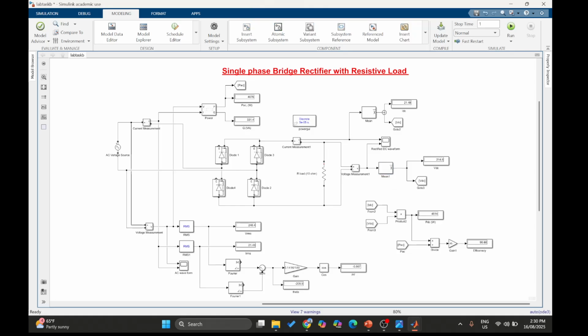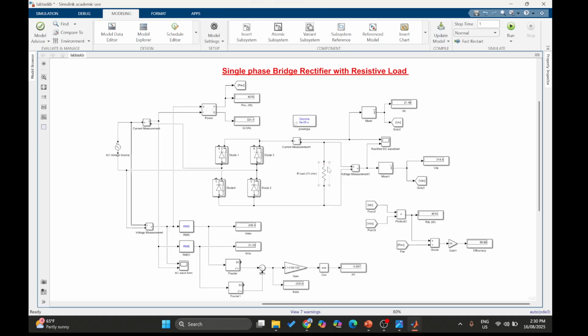At the mean block I'm getting IDC. I'm giving an AC input and I'm getting a DC output here. So IDC is a DC current.